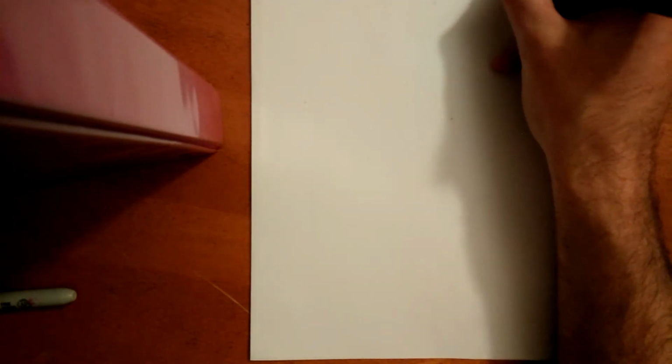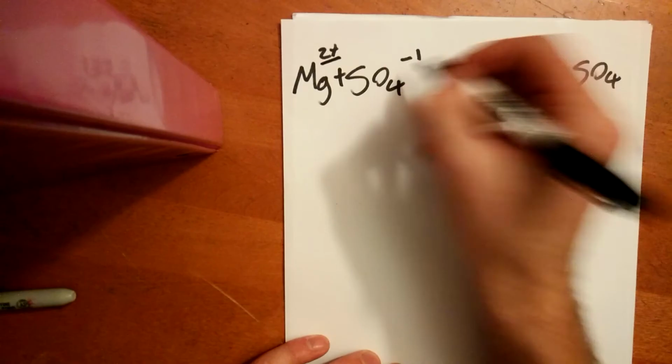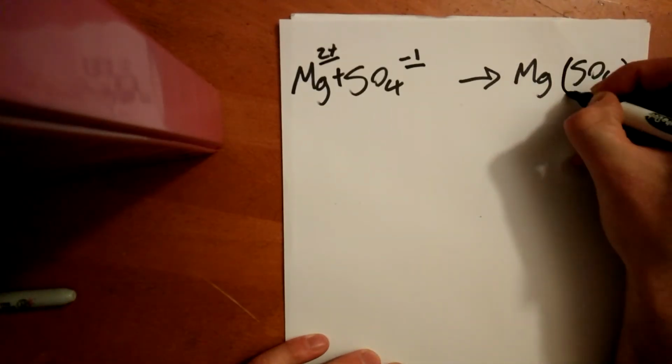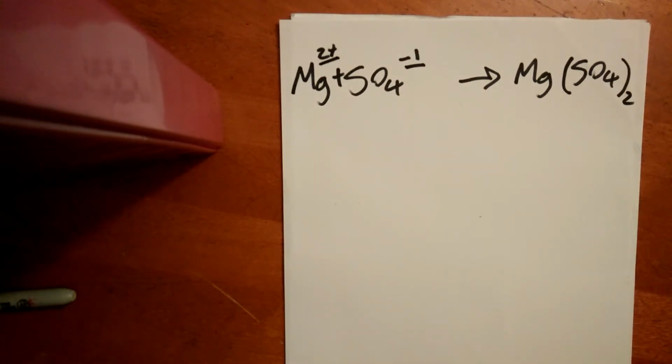So we're going to be mixing those together, and we're going to create magnesium sulfate. Now when I'm looking at that, first off, I need to bring the 2 from here and the 1 from here across. So I'm going to put brackets to show that the 2 applies to both those. I don't need to write the 1 if there's just 1.